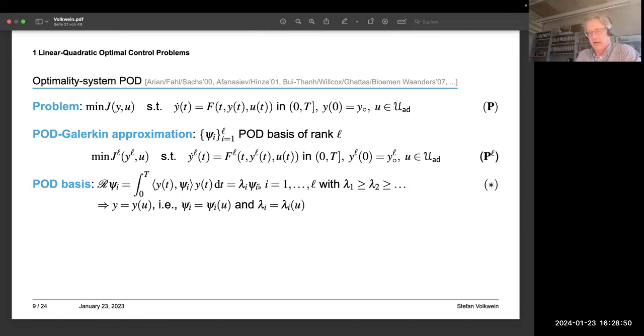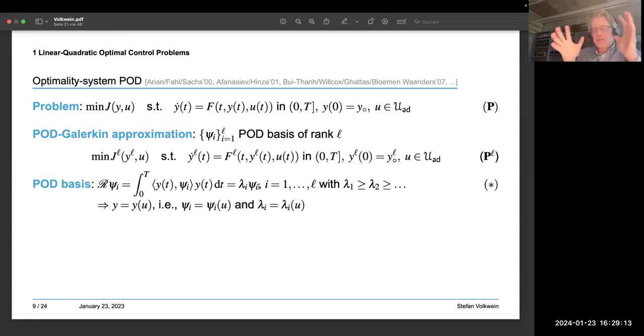These are the psi i's. Okay, the idea now is the following. We want to choose not any basis, psi i. We want to choose a basis which directly is associated with the control iterate we have at hand.